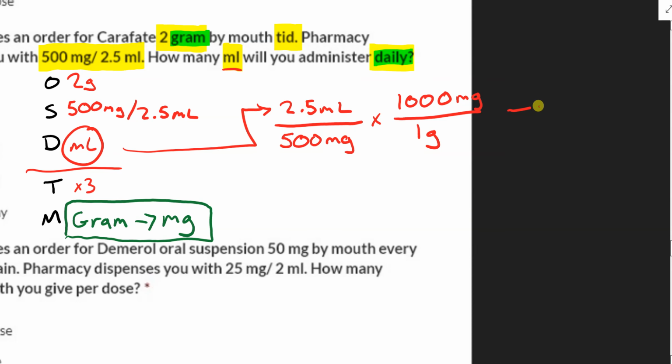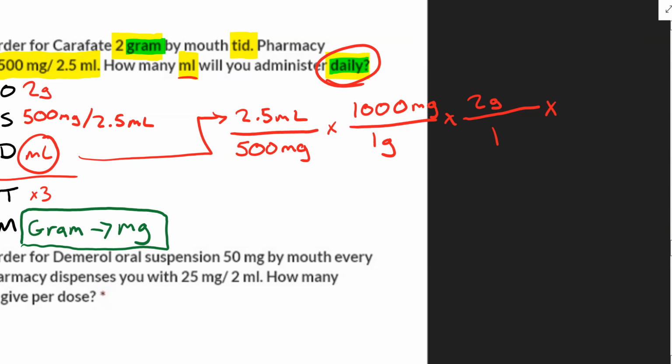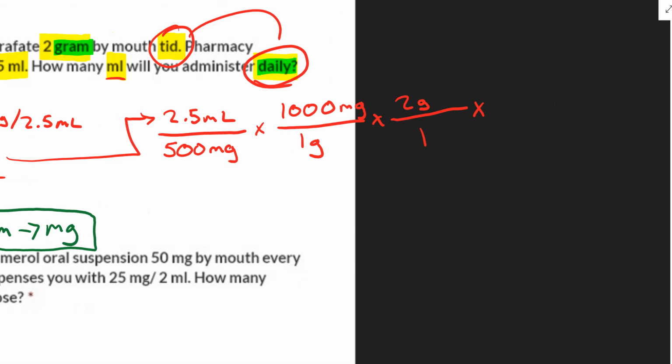Well, we know that the order was 2 grams, and that's where that comes in. Now we need to keep on setting it up, because there was a daily consideration, because you give this thing 3 times a day. So I'm going to put times 3, because it's the 3 daily doses. That's something we need to add.